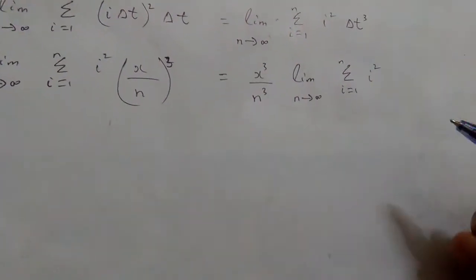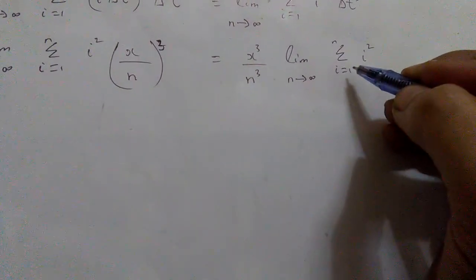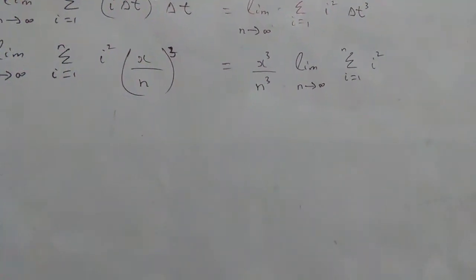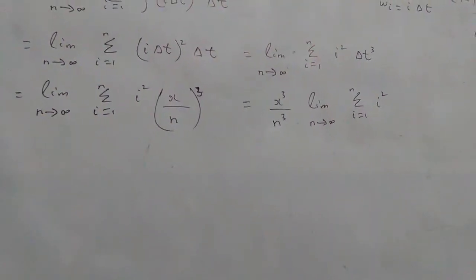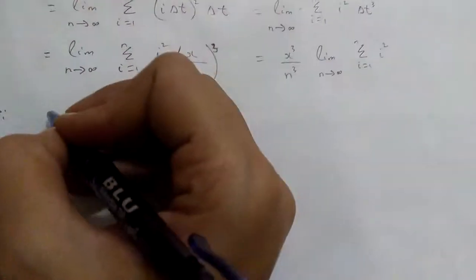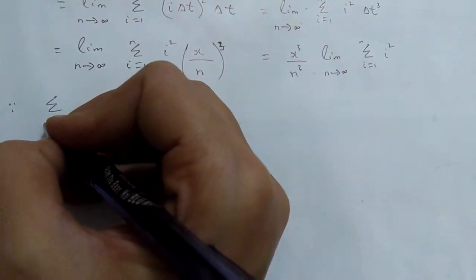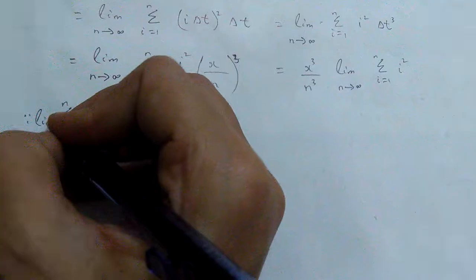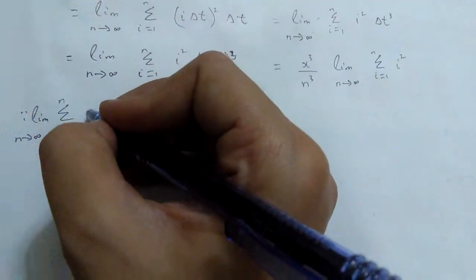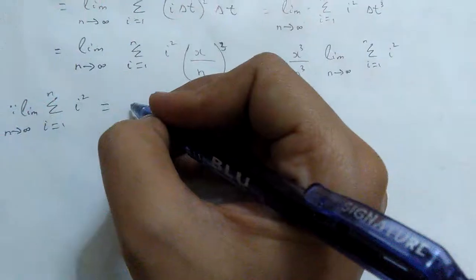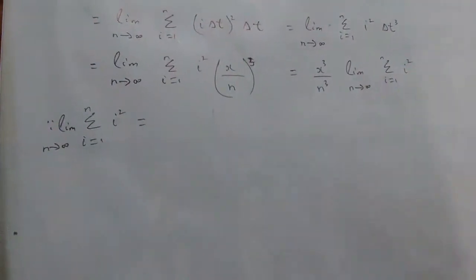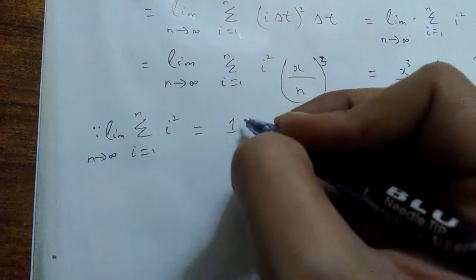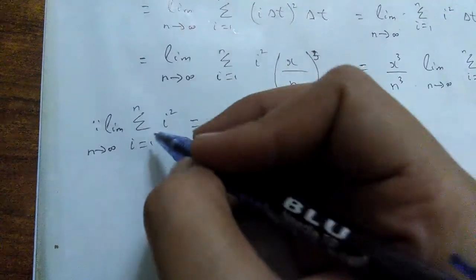Now you are going to use here the formula of the summation of i squared. It is a complete derivation in limits. People of pre-calculus are very much acquainted with that, and this is the formula. The summation, i going from 1 to n, and n approaching infinity, if you are having i squared, it is going to be replaced by, if I just try to interpret it in this way, it is starting from the summation of i squared, and i is going from 1 to n.